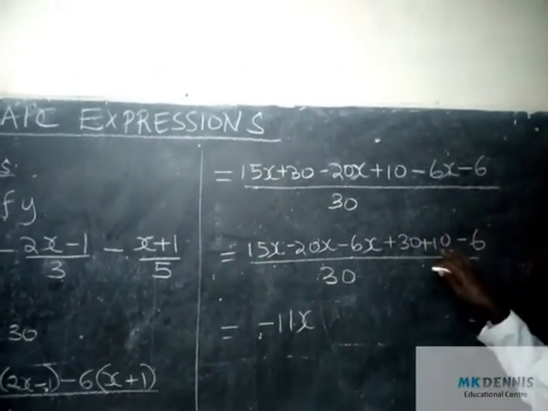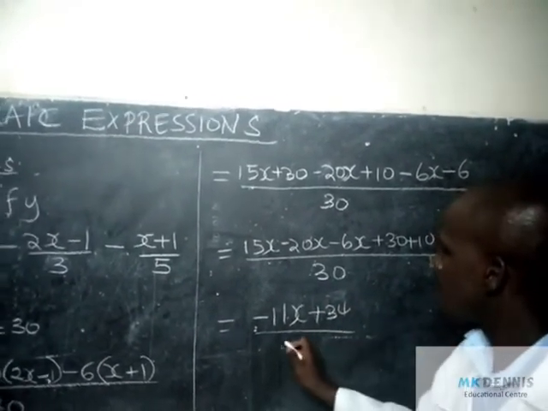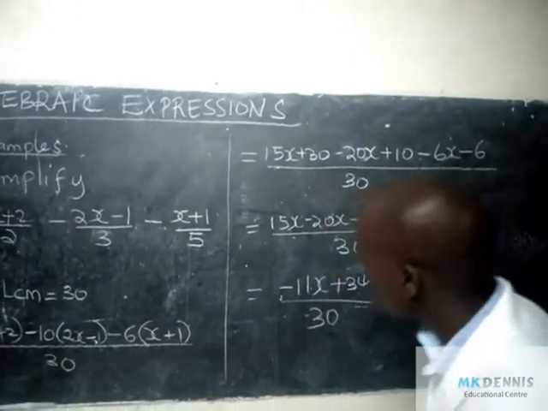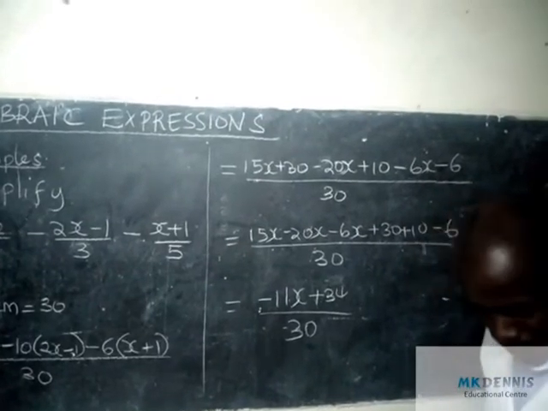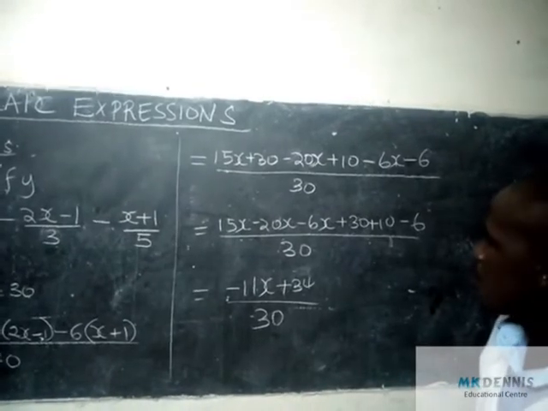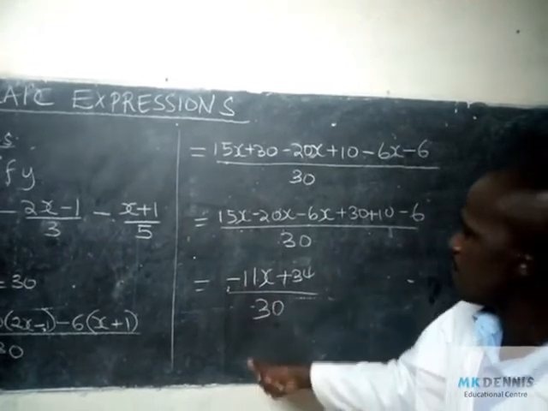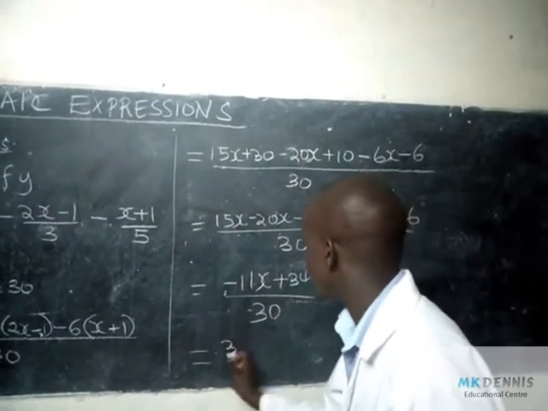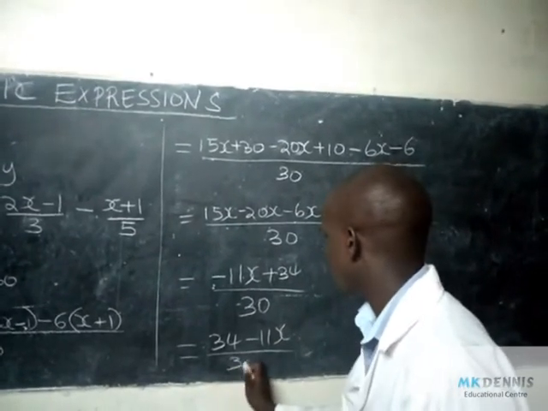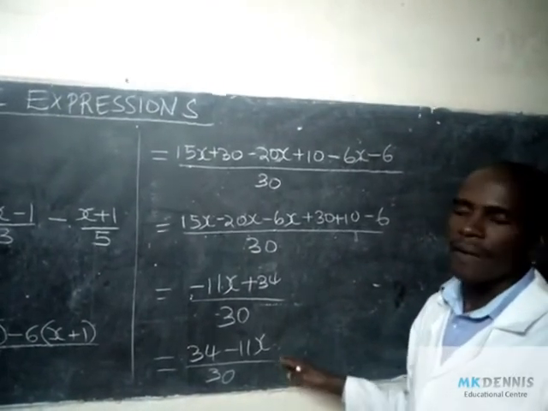Then 40 minus 6 becomes positive 34, all over 30. Because it's a negative, you can also express it as (34 - 11x) over 30. This is the farthest we can go, and that becomes our answer.